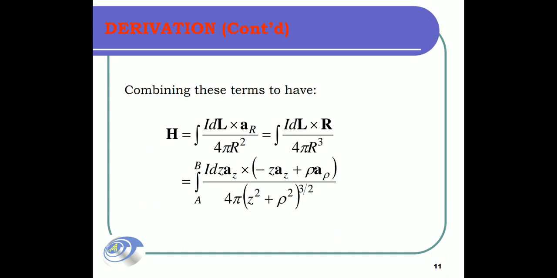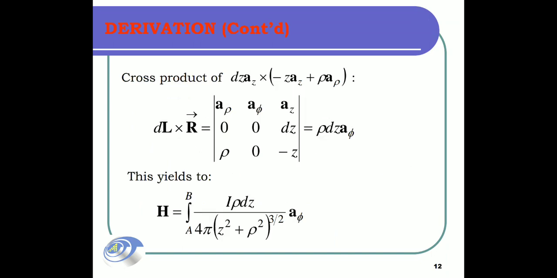I'll be applying r divided by magnitude of r squared, so it gets multiplied and you get r cube. So root of z squared plus rho squared into z squared plus rho squared, which gives me (z squared plus rho squared) whole power 3 by 2.